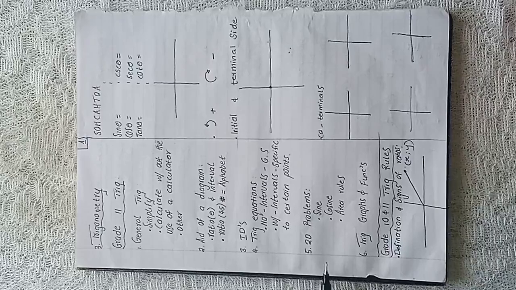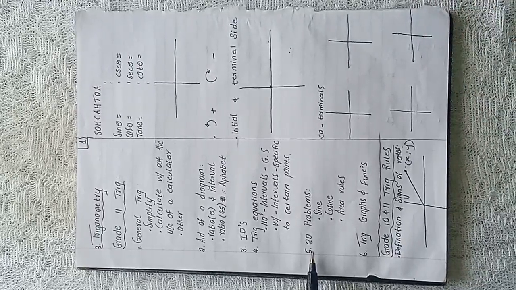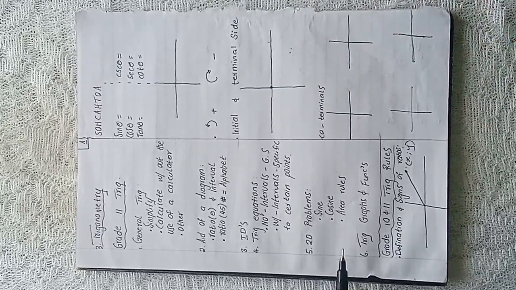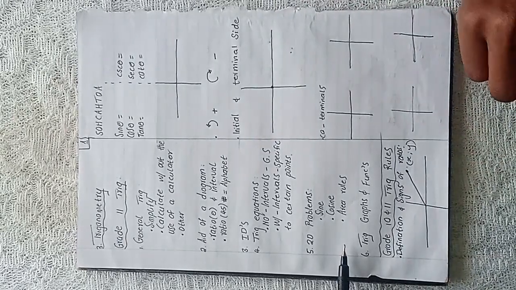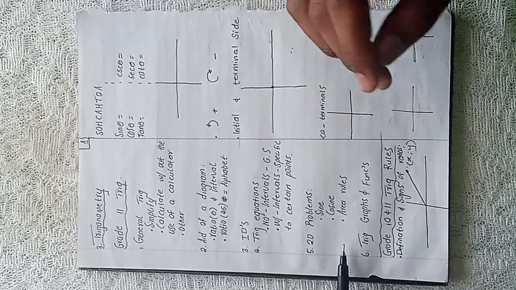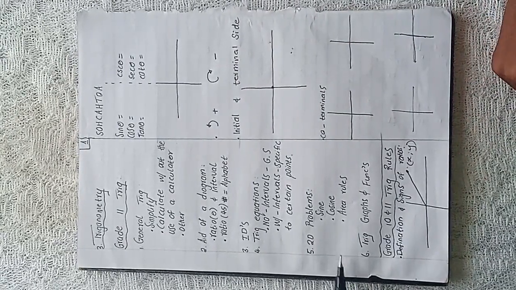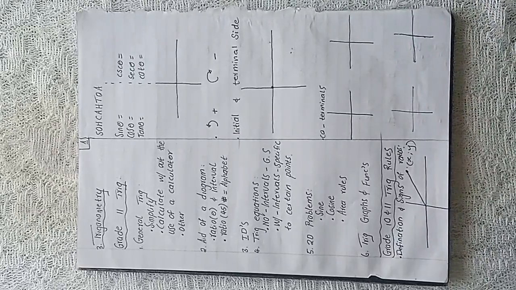We'll be doing 2D problems and 3D problems, and we will still apply the sine rule, the cosine rule, and the area rule, and also we will apply the two rules that we introduced in grade 12, which is compound angles and double angles. So we will be doing 3D problems, and we'll do trig graphs and functions.